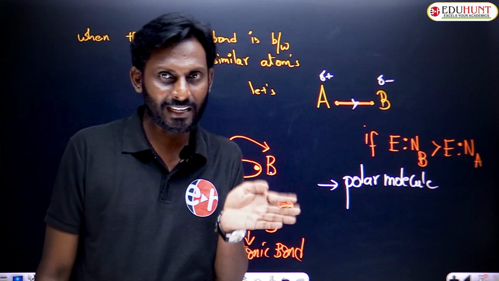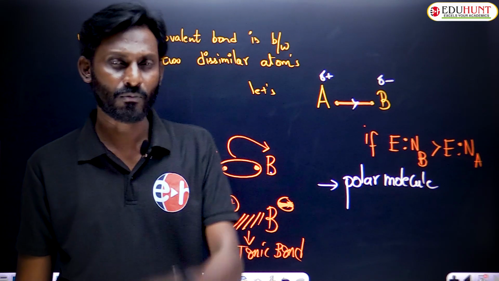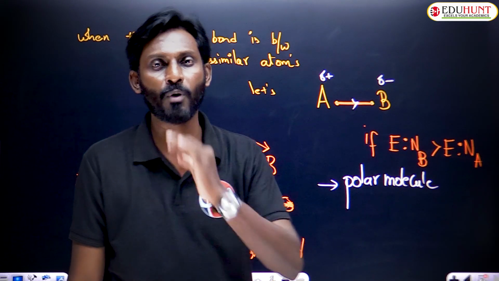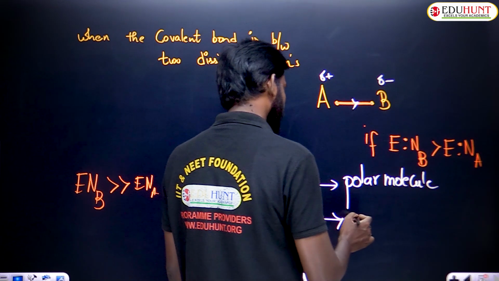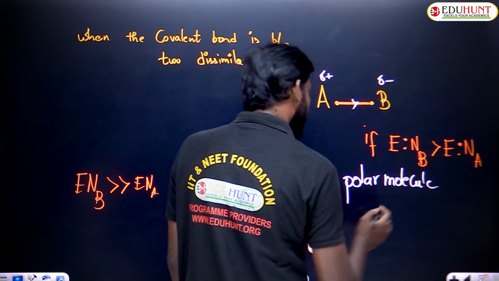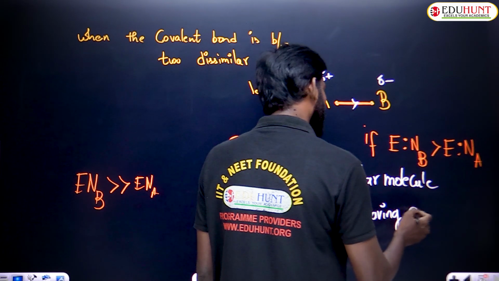At one end there is a negative charge and at the other end there is a positive charge. Polar molecule, and obviously that bond is a polar bond. Polar molecule having polar bond.